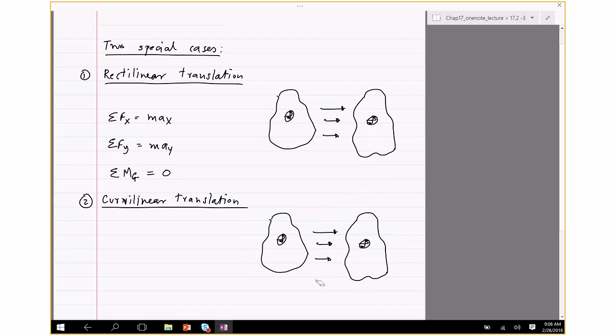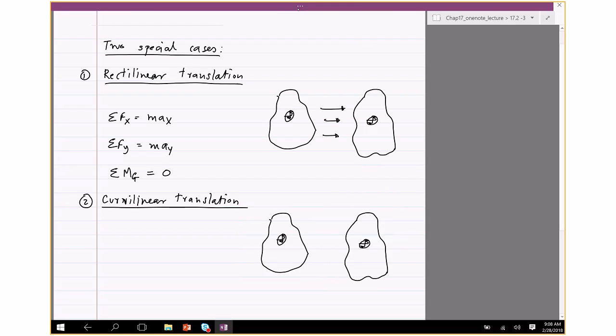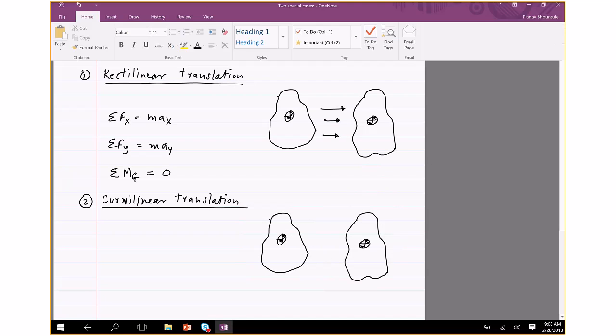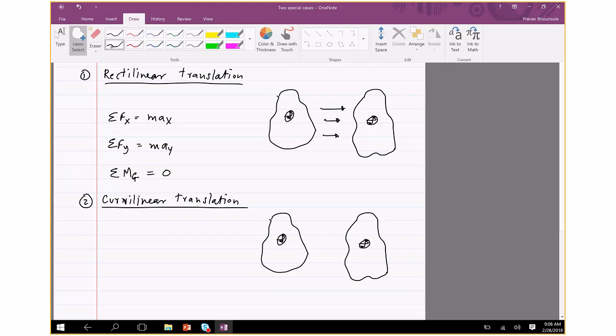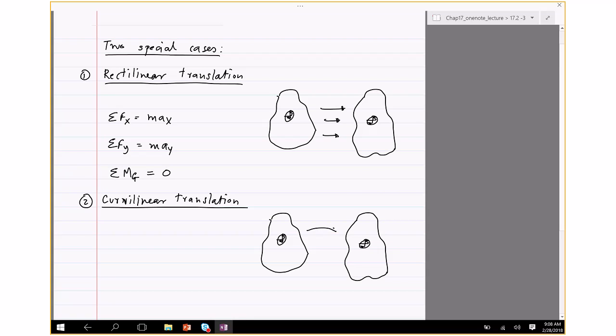So the only difference here is when the particle moves from point A to point B, it moves not along the xy axis, but it moves along a curve.